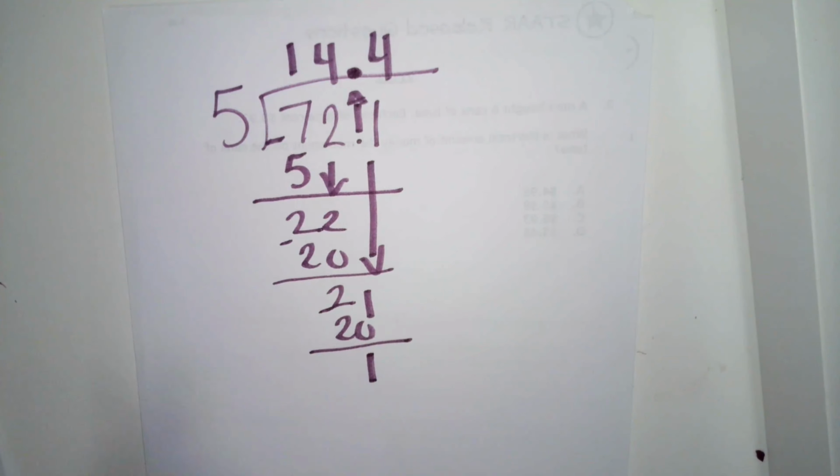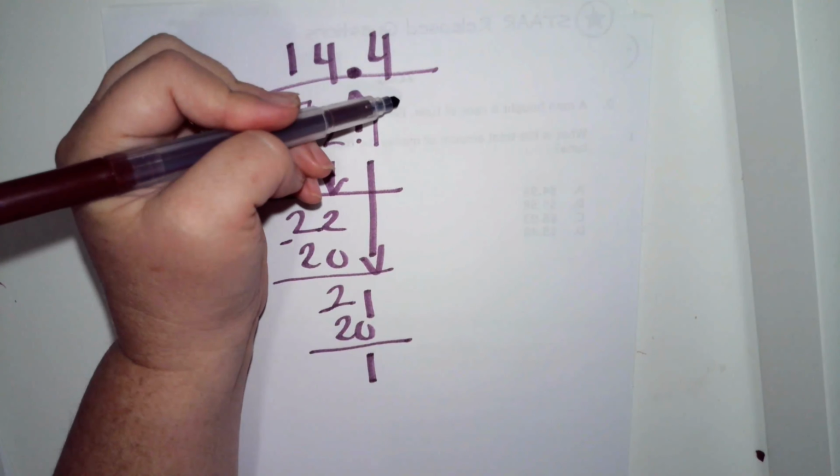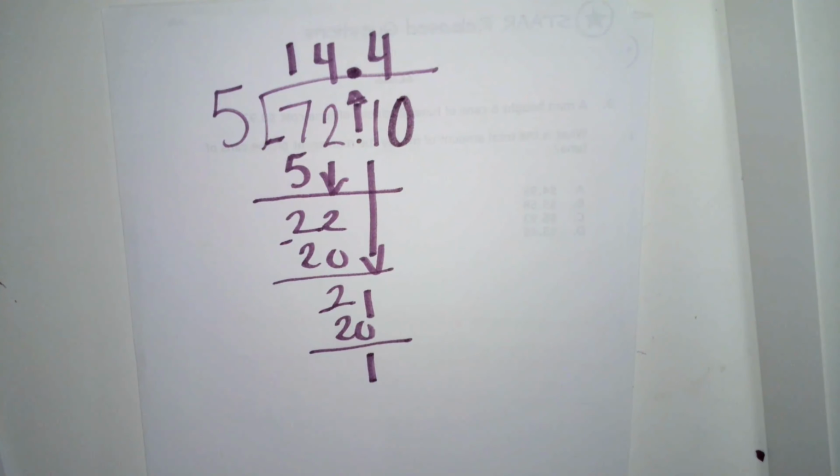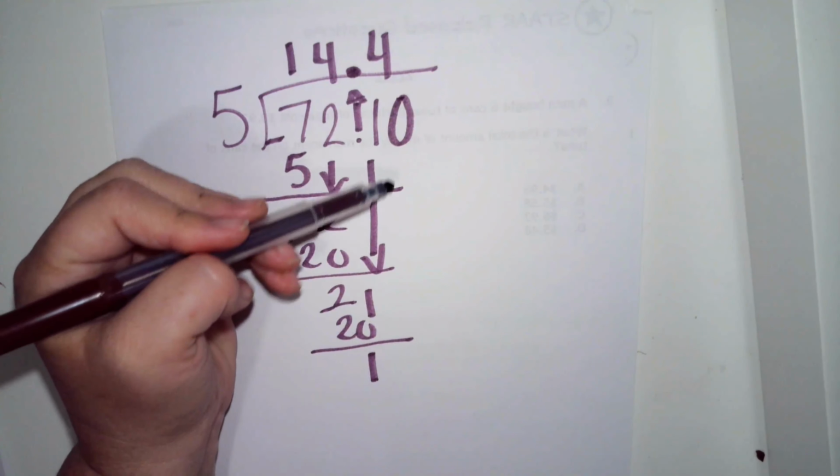With my decimals, I can't have a remainder. And because I can't have a remainder, I need to do something. With decimals, remember, I can add as many zeros at the very end as I want. I can't add them in the middle. I can't add them in front. I can put as many zeros behind that decimal at the very end as I need.